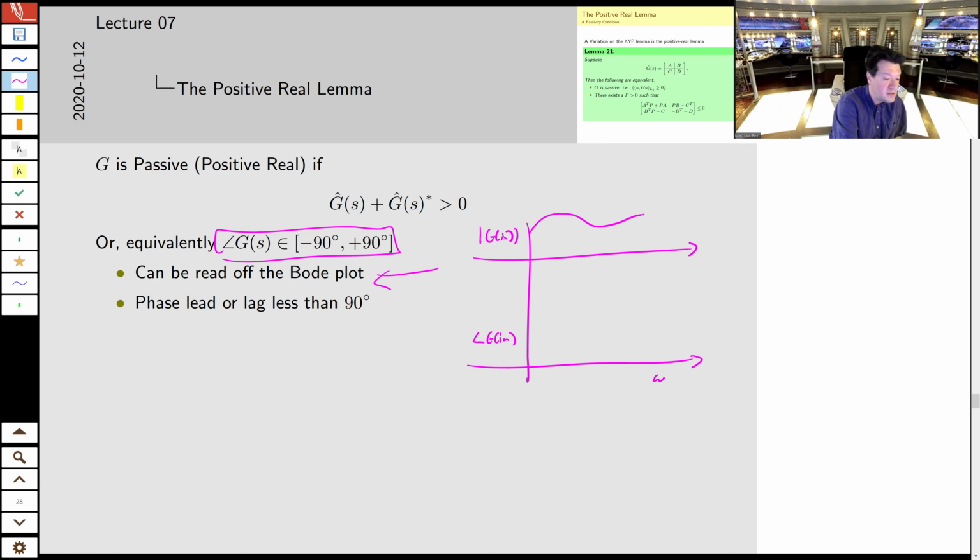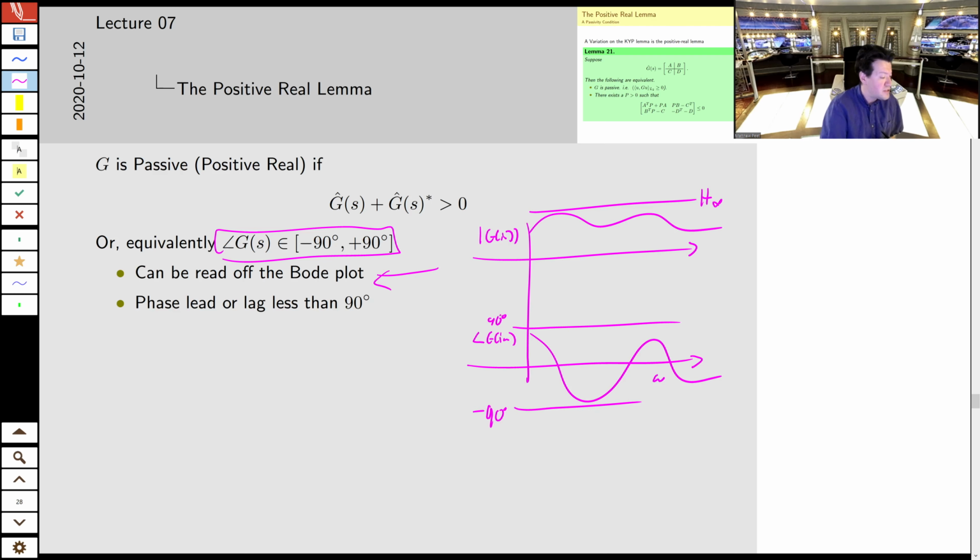And this maximum here was the H infinity norm. And now the passivity theorem says that this phase should stay between negative 90 degrees and 90 degrees. So that's nice. It means basically your lead or lag of the system never strays more than 90 degrees from the nominal. So that's a nice interpretation.